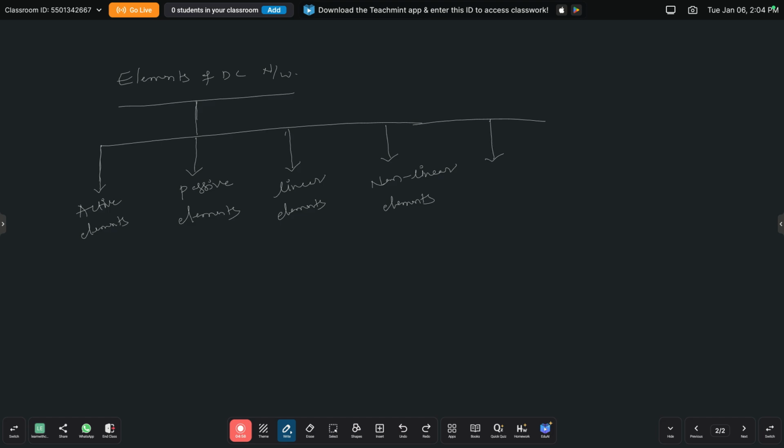Next are unilateral elements and bilateral elements, then lumped elements, and the last one is distributed elements.